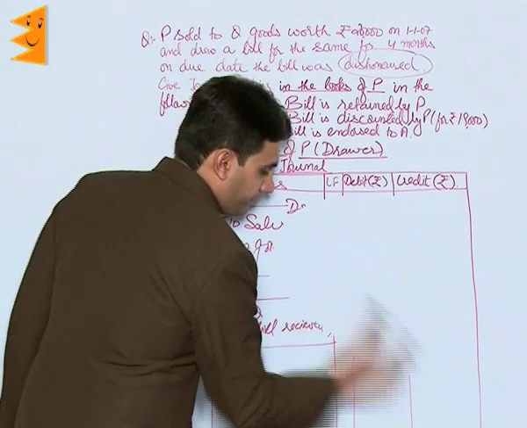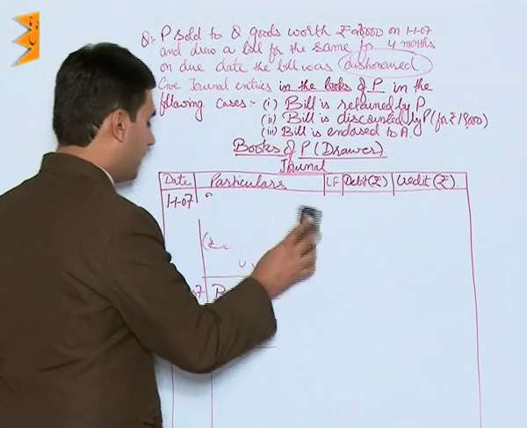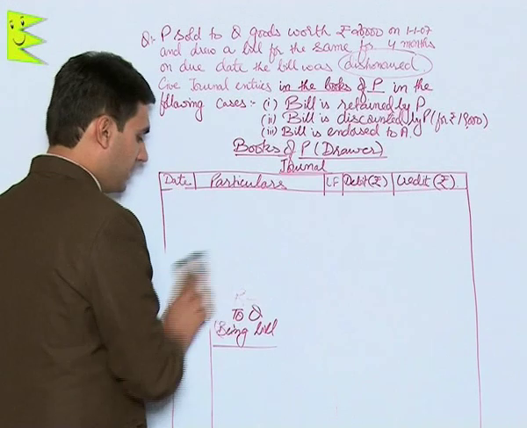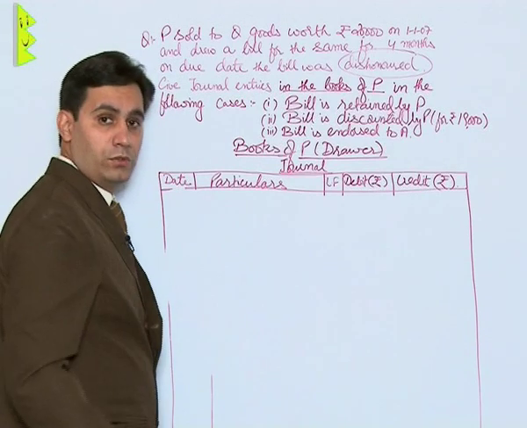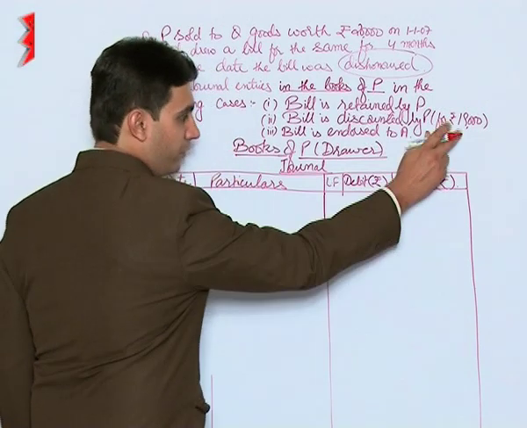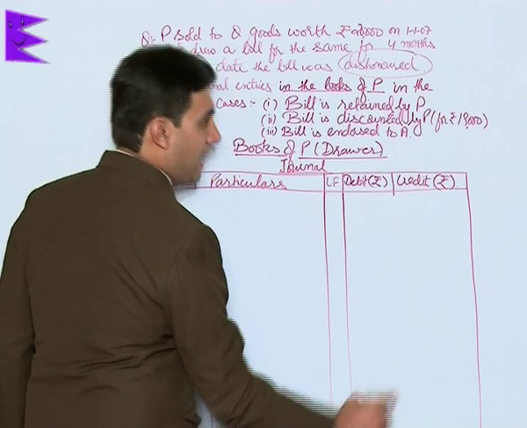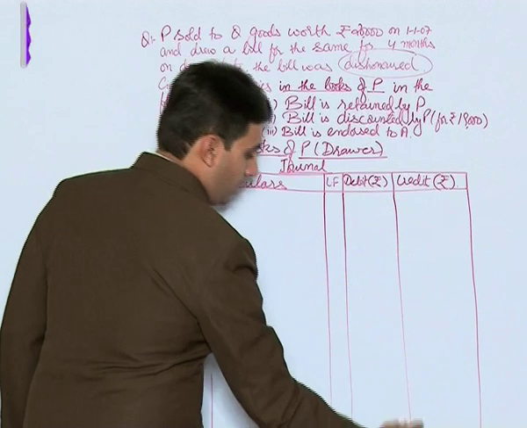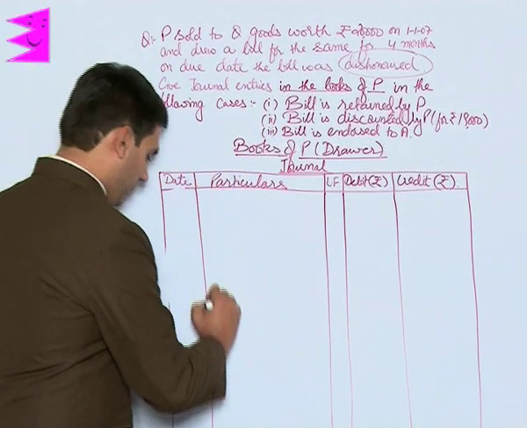Let us see. Since P has got this bill discounted from bank, that means he has actually transferred the title of the bill to bank and he has got an encashment of rupees 19,000 as is mentioned here. So what would the entry for discounting?